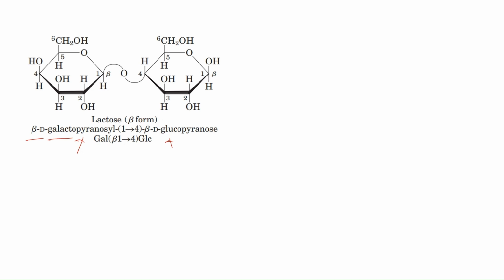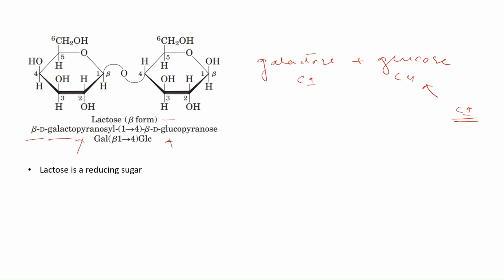This is the structure of lactose. So lactose is a disaccharide formed by the combination of galactose and glucose, the first carbon of galactose with the fourth carbon of glucose. Because the second glucose is left with a free first carbon, it can act as a reducing sugar. So lactose is also a reducing sugar.